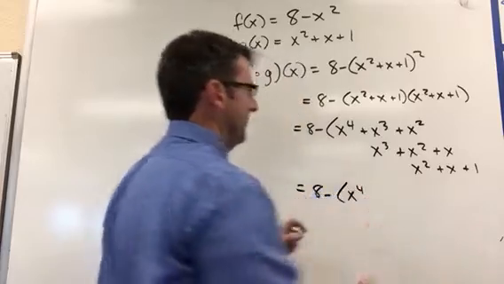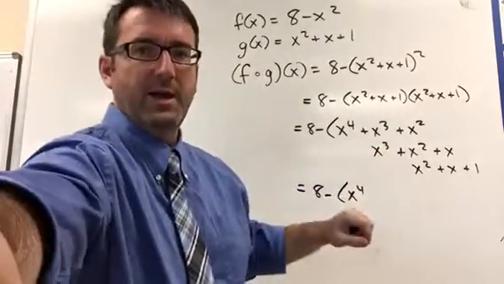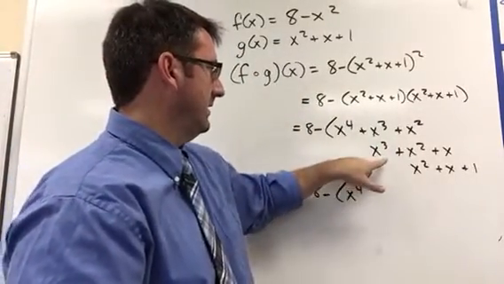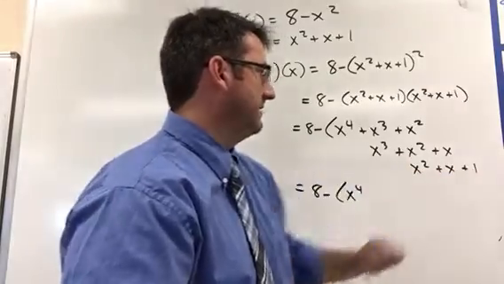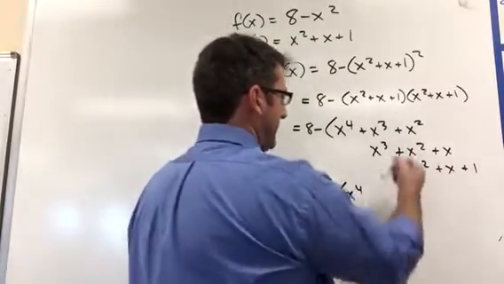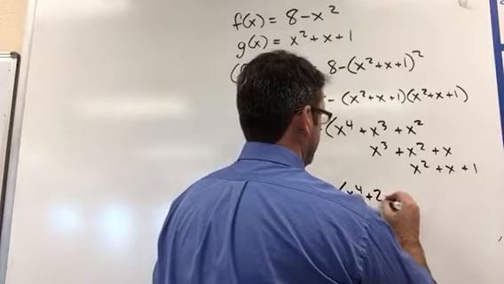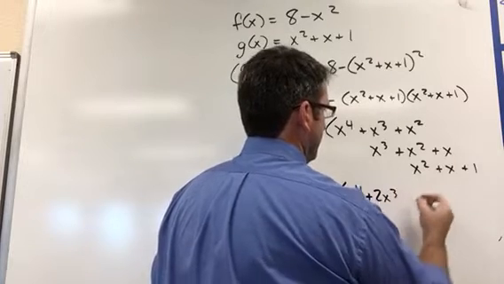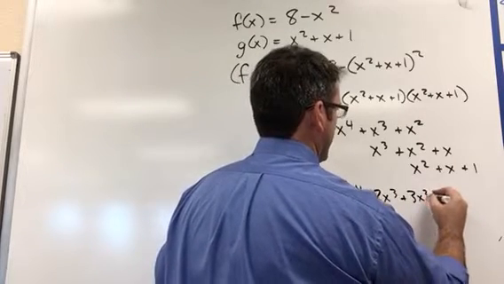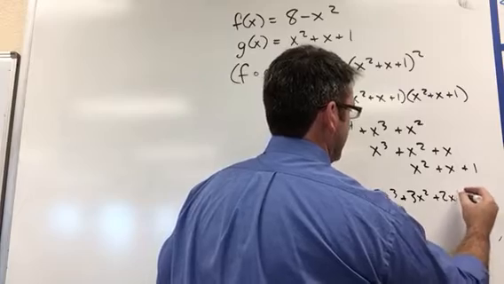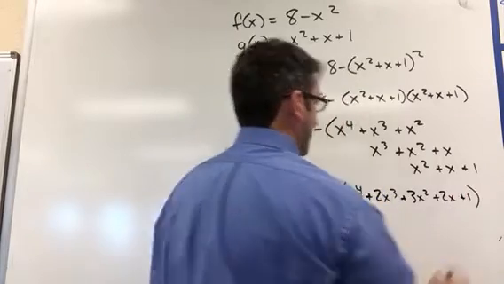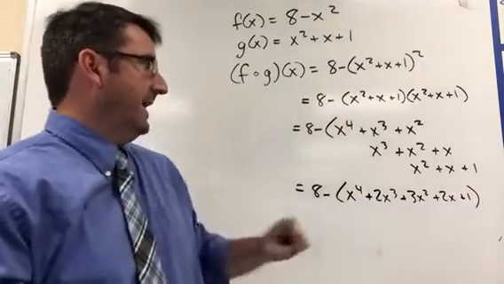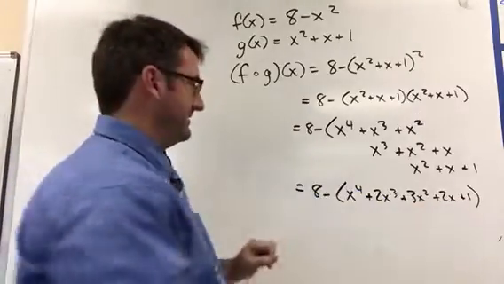X to the 4th. All we're doing here is just combining our like terms. So we've got 2x to the 3rd, so this is 2x to the 3rd plus 3x squared plus 2x plus 1. Now we need to distribute that negative sign.